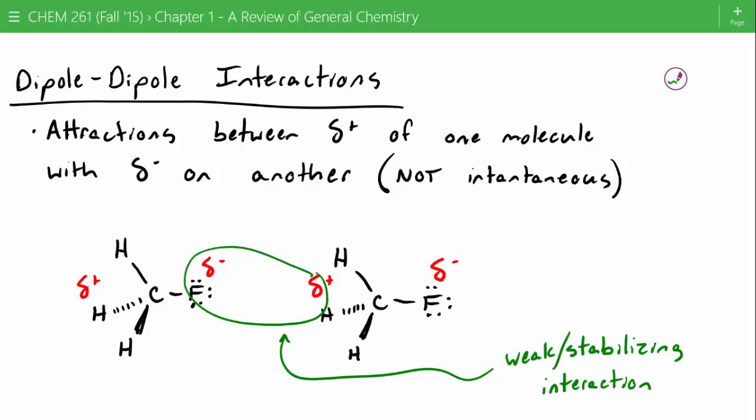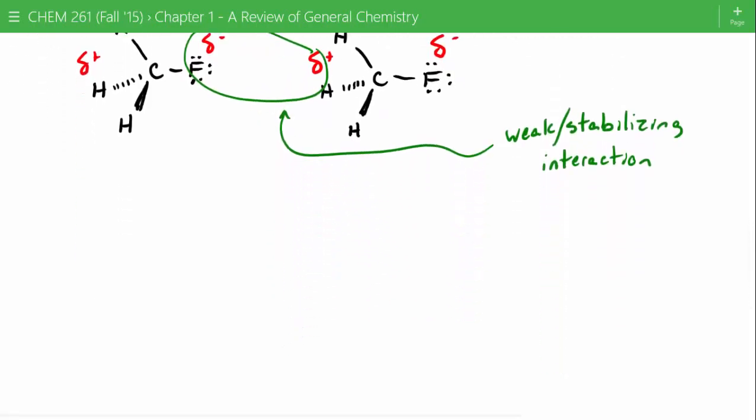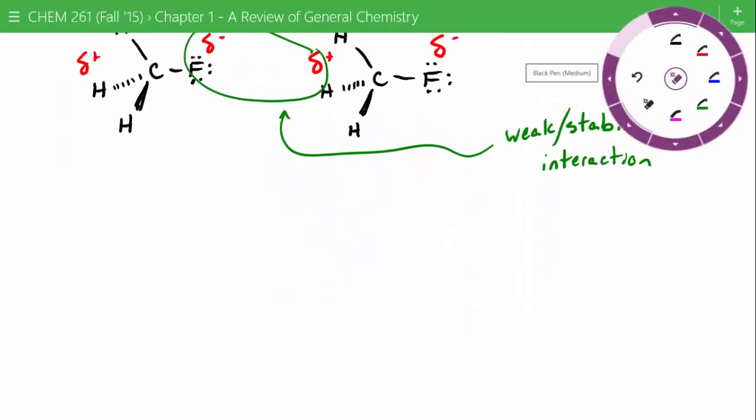All right. There's a really special type of dipole-dipole interaction. What is that? Hydrogen bonding. This is a key feature in chemistry. Let me change colors here.